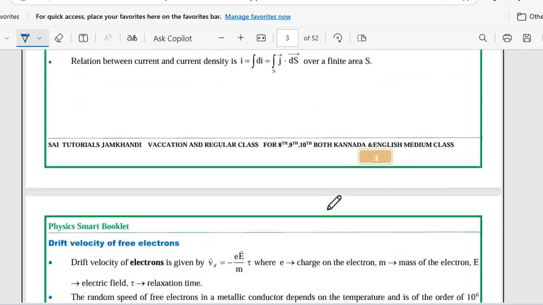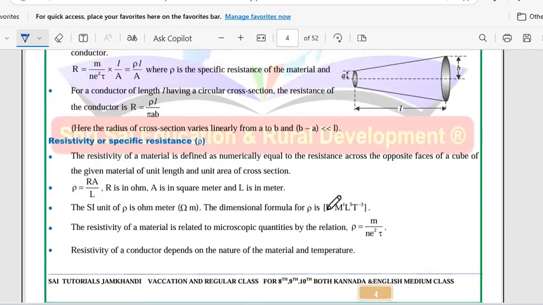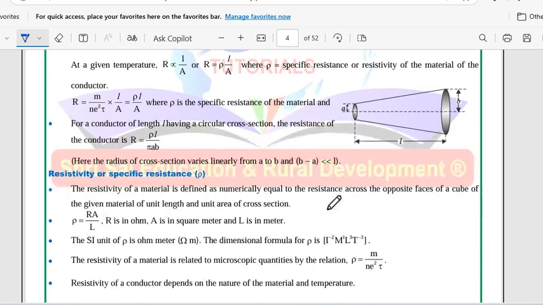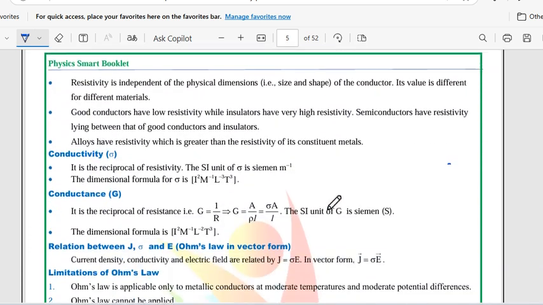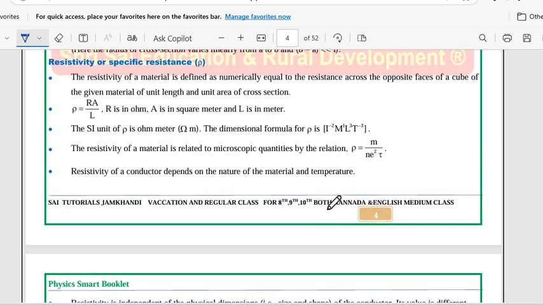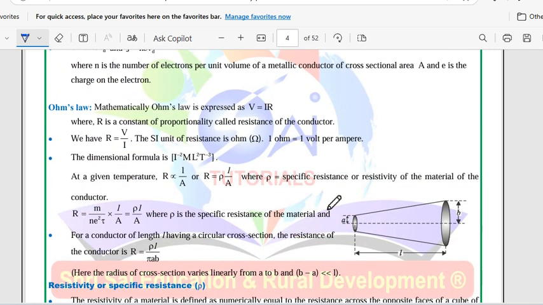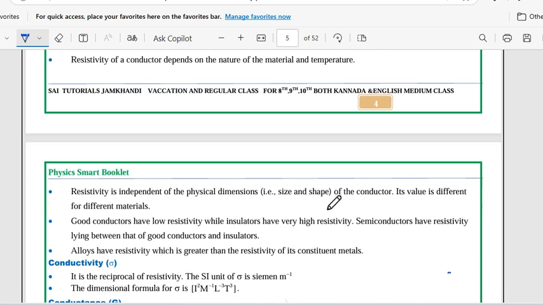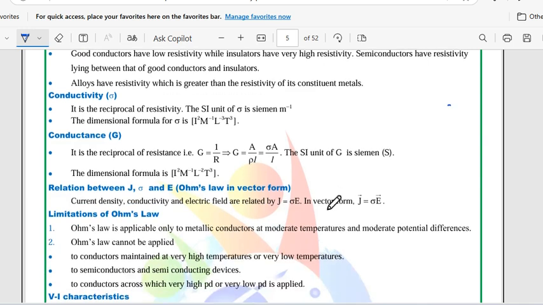Already Ohm's law is over, resistivity or specific resistance is over, and some of the factors related to the resistivity or specific resistance are over. So, in today's session, let us study about conductivity.